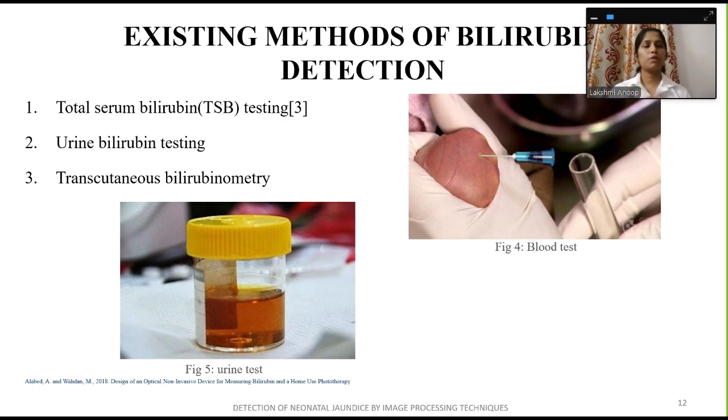The bilirubin can also be detected by taking urine from babies. And the third one is the transcutaneous bilirubinometer, which is a sensor-based device that has been developed recently. It can be used to detect the level of bilirubin in patients, that means neonates or infants.